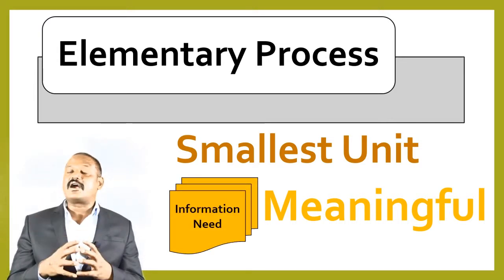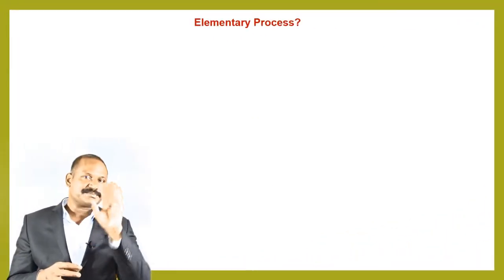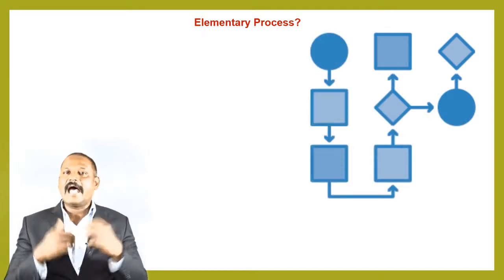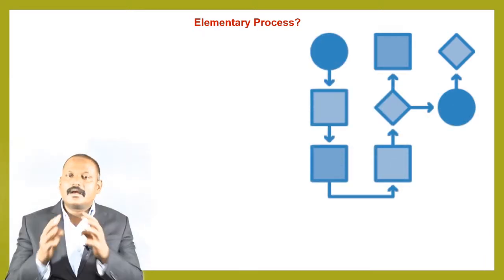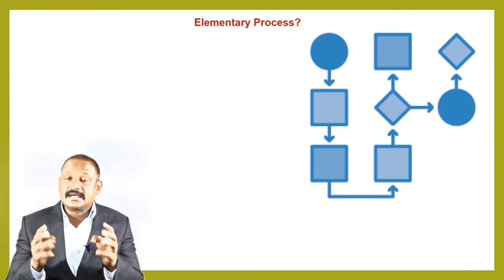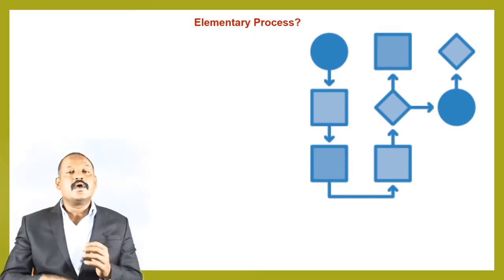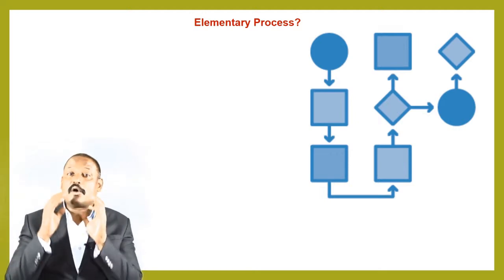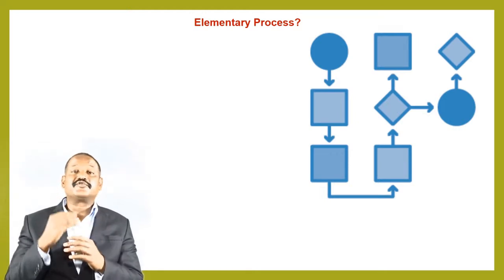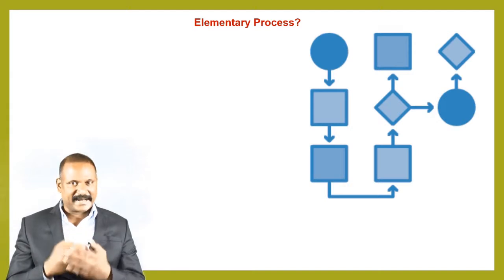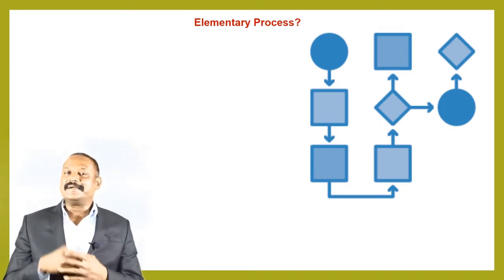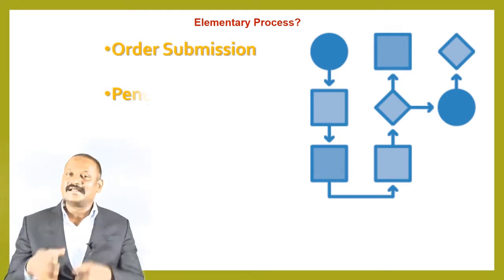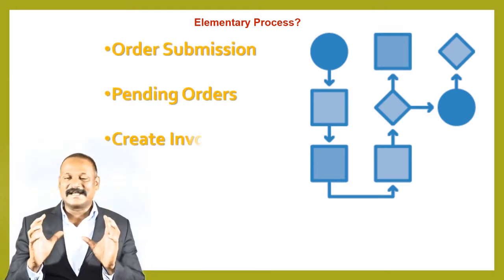When we elicit requirements from the requirements providers, they will come up with many business processes. We will have to look at how to group them or to break a business process into that elementary process which is meaningful to the business user and is also the smallest unit of activity done from the information processing perspective. Examples of elementary processes are order submission, viewing pending orders, creating invoice, etc.